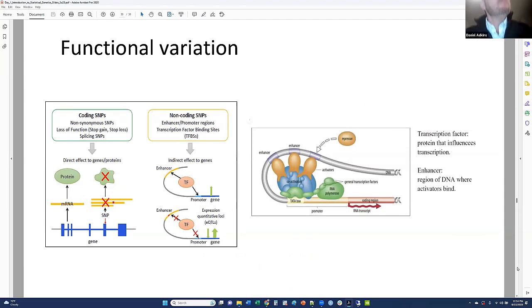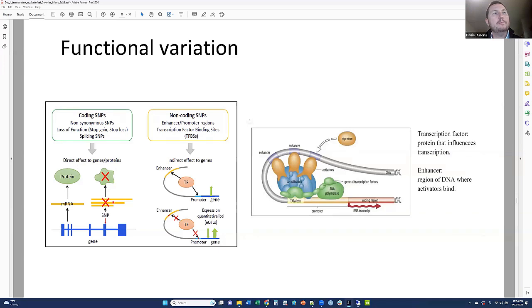Now, just a little bit more elaboration on functional variation. On the left side of the slide here, we have our coding SNPs. Remember, these are the SNPs that occur in exons. And here, we've got two different non-synonymous SNPs illustrated.